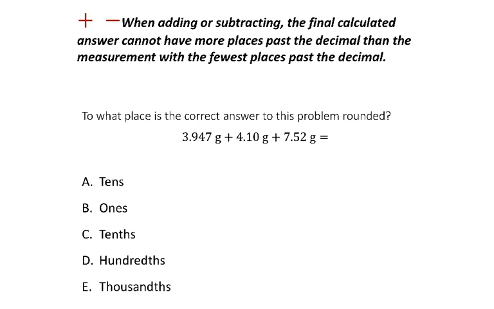Here's another practice problem. To what place is the correct answer in this problem rounded? You don't have to, but it kind of helps to line it up on the decimal.